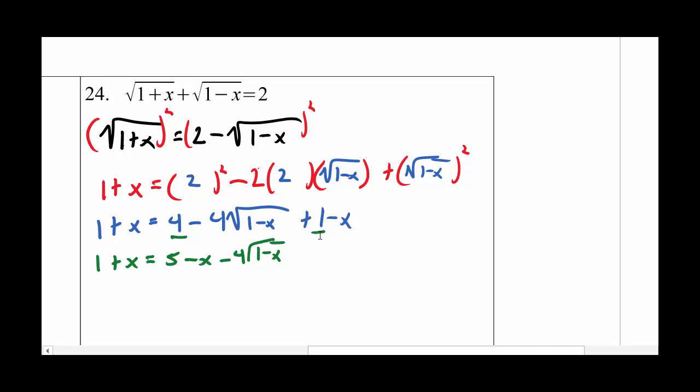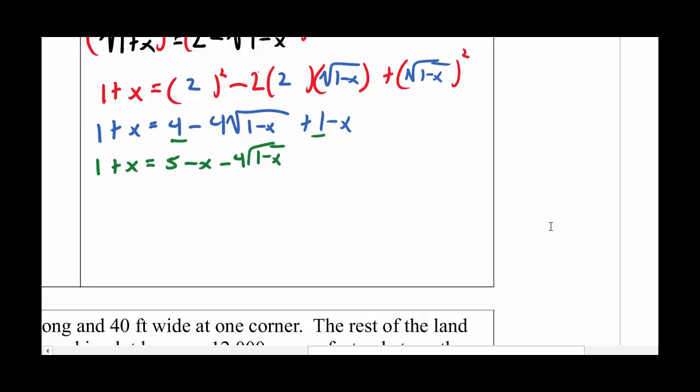Then let's bring over the 5 and the minus x. Let's see. So that 5 becomes a negative 4, and that's a 2x there. And that's negative 4 square root of 1 minus x. And then I'm going to square both sides again.